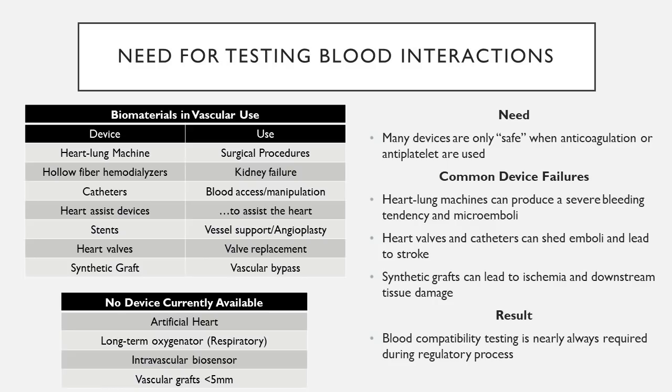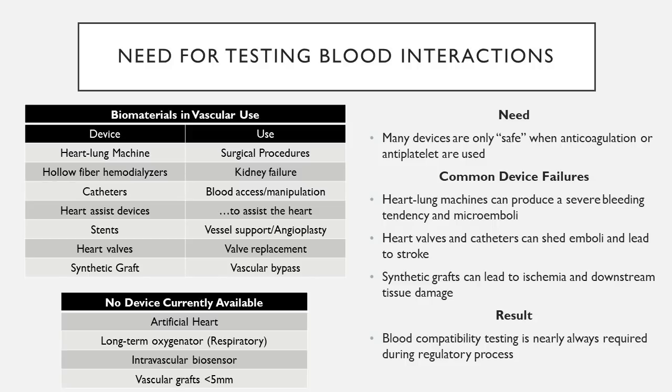First, let's discuss some common biomaterials or biomedical devices that have vascular use. There's the heart-lung machine used during surgical procedures, hollow fiber hemodialysers used during kidney failure, catheters which just give general access to blood. There's heart assist devices which assist the heart. There's of course stents, heart valves, and synthetic grafts that are all used during surgery or even just during the life of the patient.